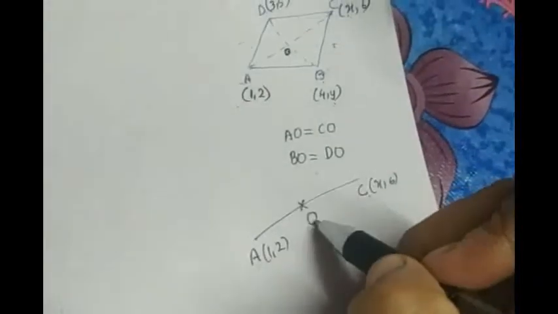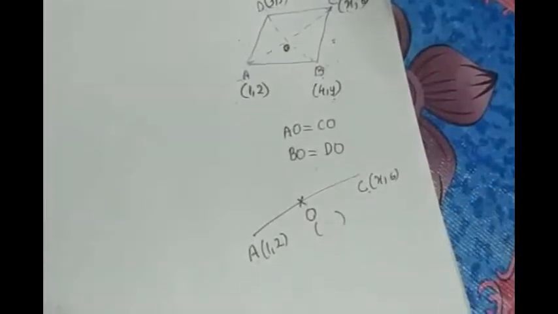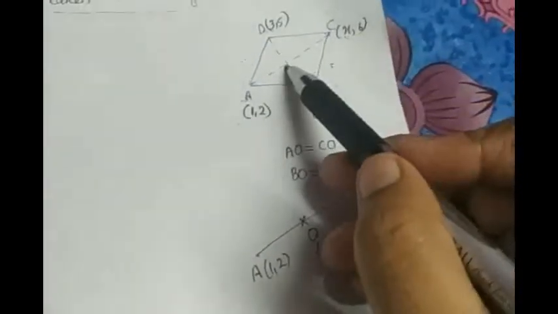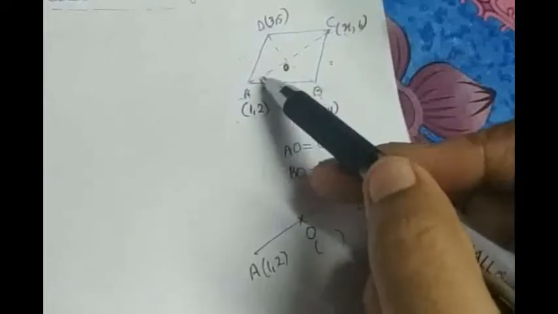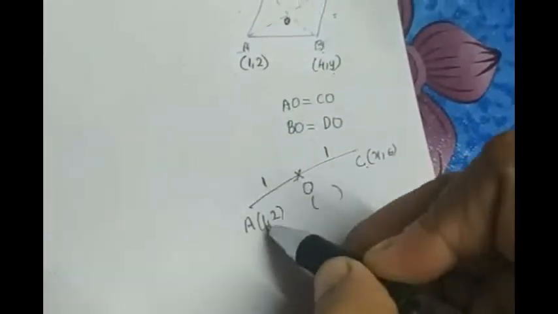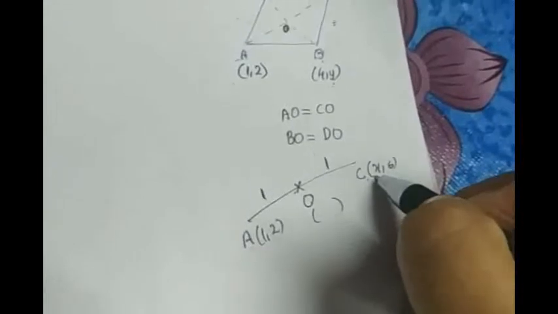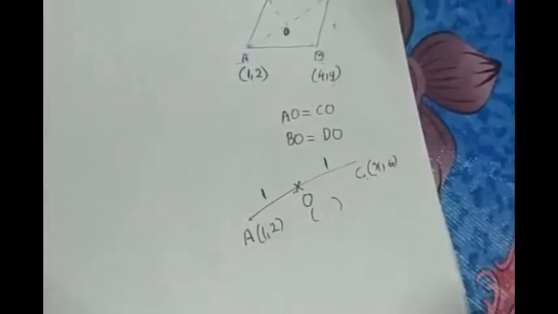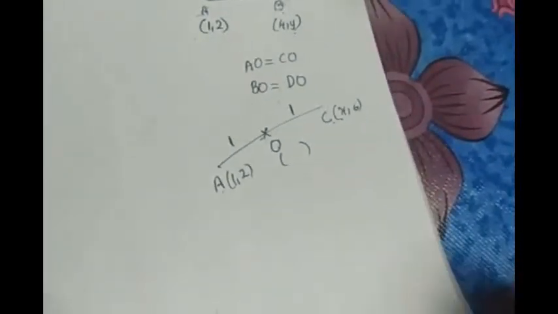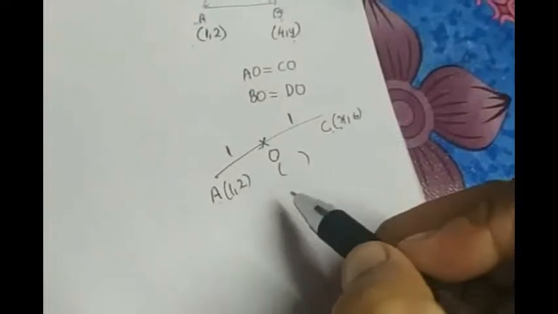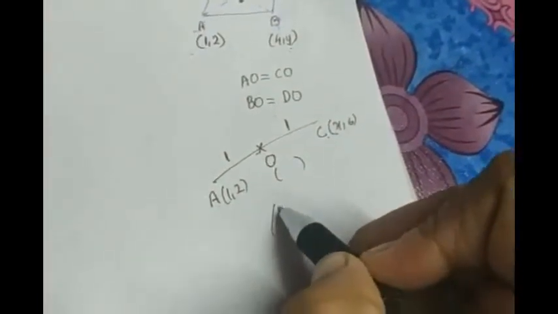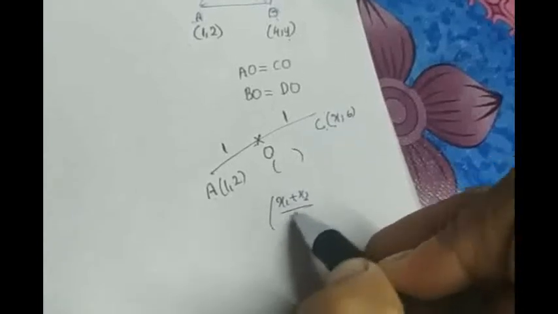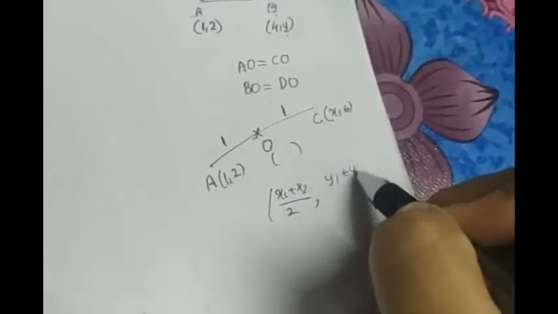We have to find the coordinate of O. And we know the ratio: since O is the midpoint, it bisects the diagonals, O is the midpoint of AC, isn't it? That means the ratio will be 1:1. Substituting m and n as 1, we get the formula for the midpoint: (x1 plus x2) by 2, (y1 plus y2) by 2.